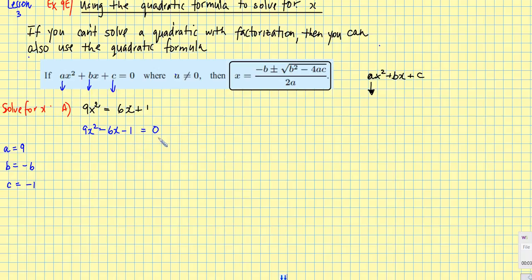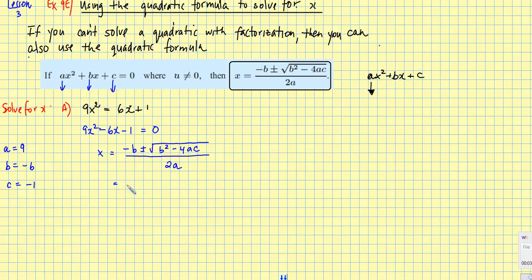My only job at this point is to replace these values of a, b, and c into the proper positions in the actual formula. So here's my formula: negative b plus or minus the square root of b squared minus 4ac, all over 2a, and x equals that. That is my x-intercept.